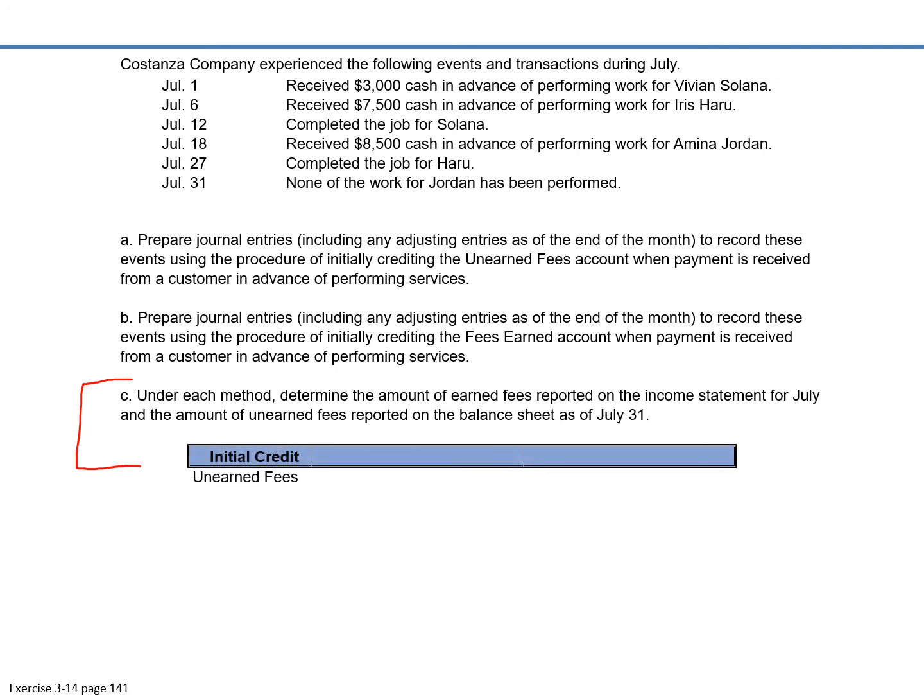All right, so I can't go backwards when I'm live recording this, but if we were to do that, our income statement fees earned would be $10,500 and our unearned fees would be $8,500.